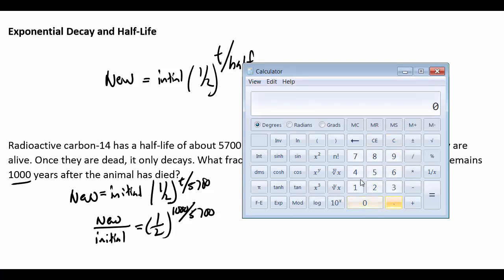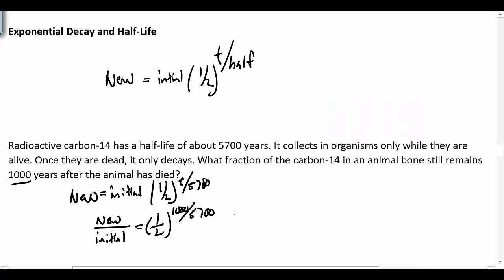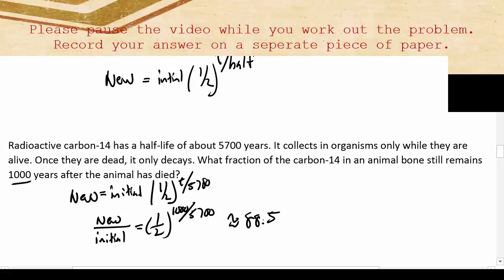Parentheses, 1/2, close parentheses, raise it to the parentheses 1,000 divided by 5,700. And it gives us 88.5%. So we're still around about 88% when all said and done.